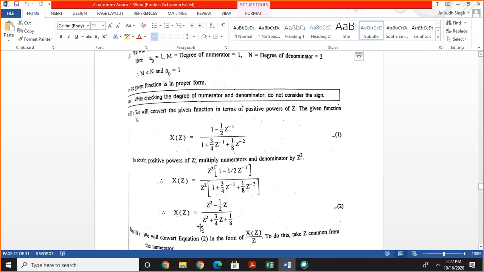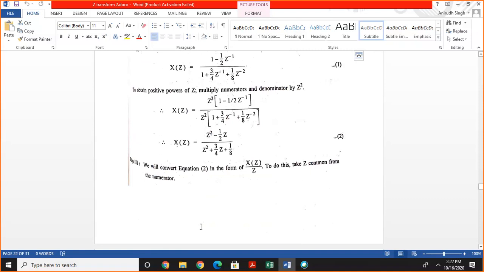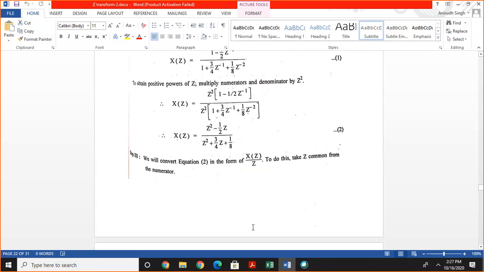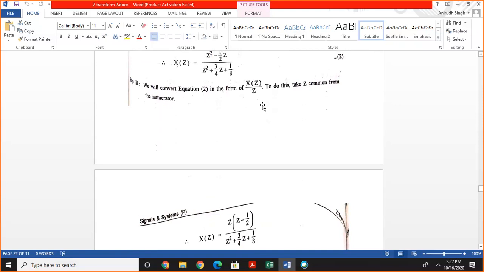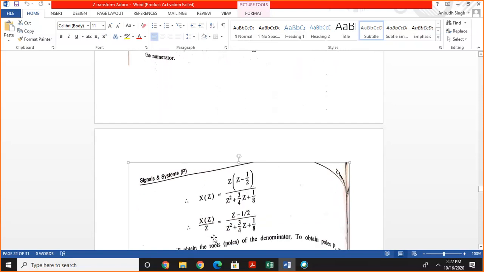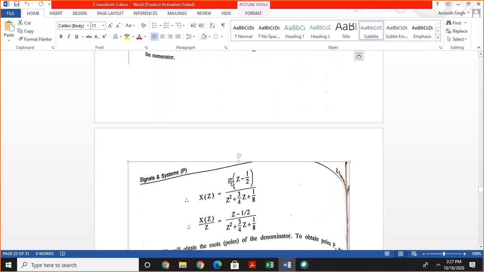So we calculate first. We make these powers to be positive. So we multiply z square by z square, and when we multiply z square by z square, we get the final expression like this.